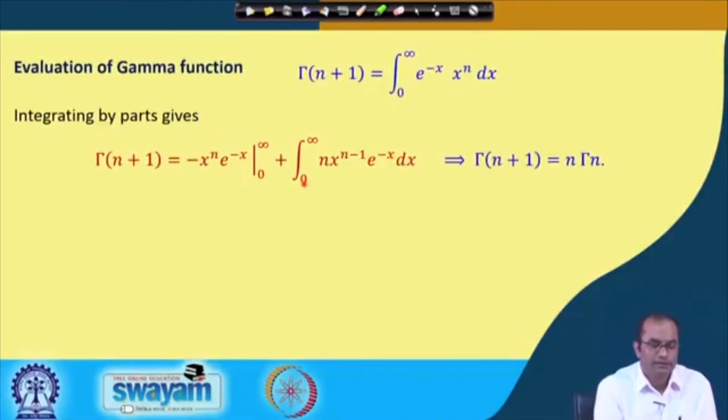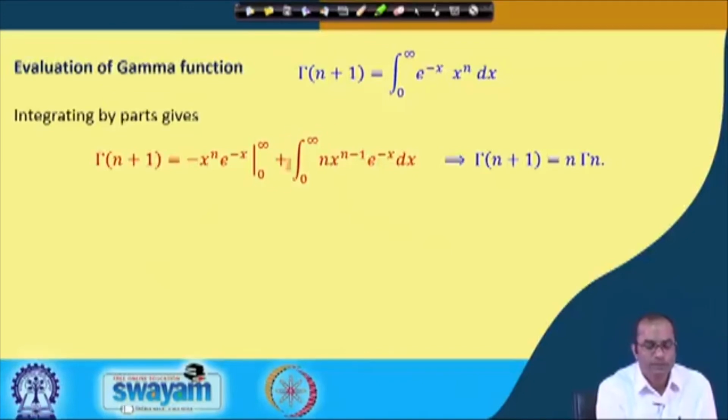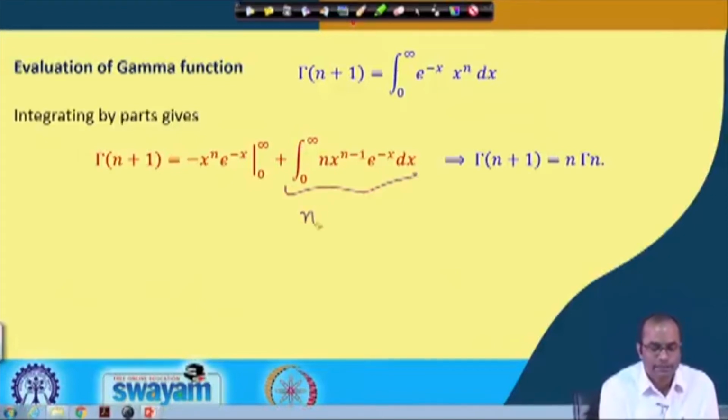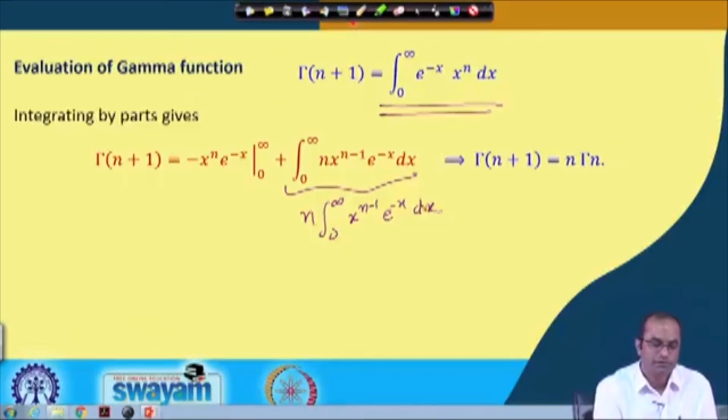So, what do we get out of this relation? Gamma n plus 1 is equal to, if we take this n outside the integral, n times the integral from 0 to infinity of x power n minus 1 e power minus x dx. And as per the definition of the gamma function, what are we getting?